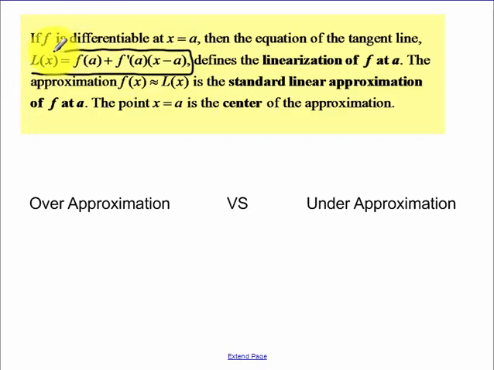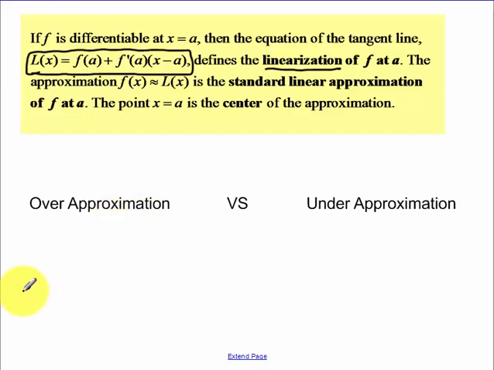It's a linear approximation of an actual function. And that's called the linearization of our function at a, because when we zoomed in real close, our quadratic almost looked like a line. So that our function value can be approximated by this line, where a is called the center of approximation.